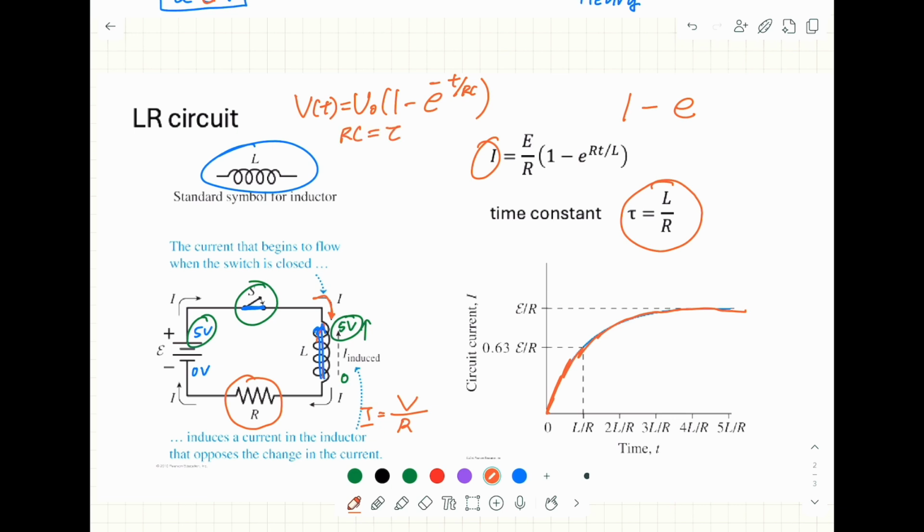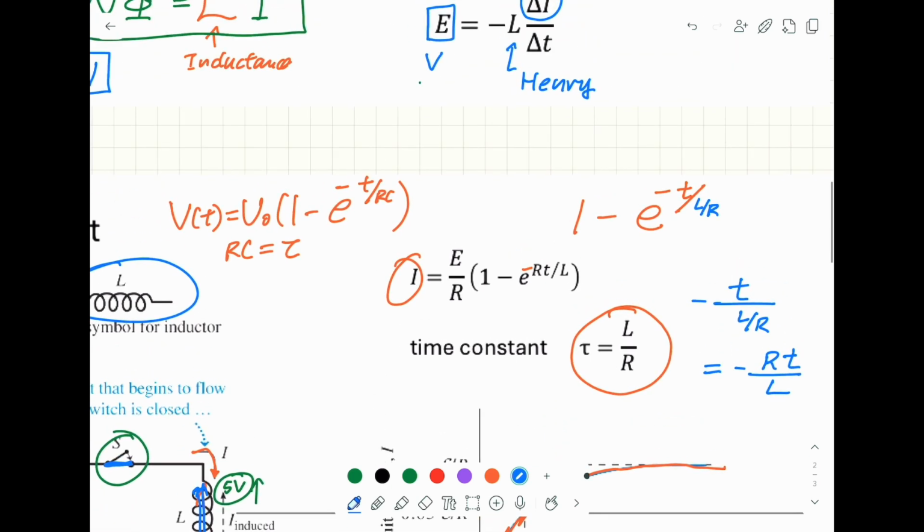Now here, this is minus, I beg your pardon, minus here. So t over the time constant, which this time is L over R. So minus t divided by L over R can be written as minus Rt over L. Therefore, you will see Rt over L. Remember, there's a negative sign here.